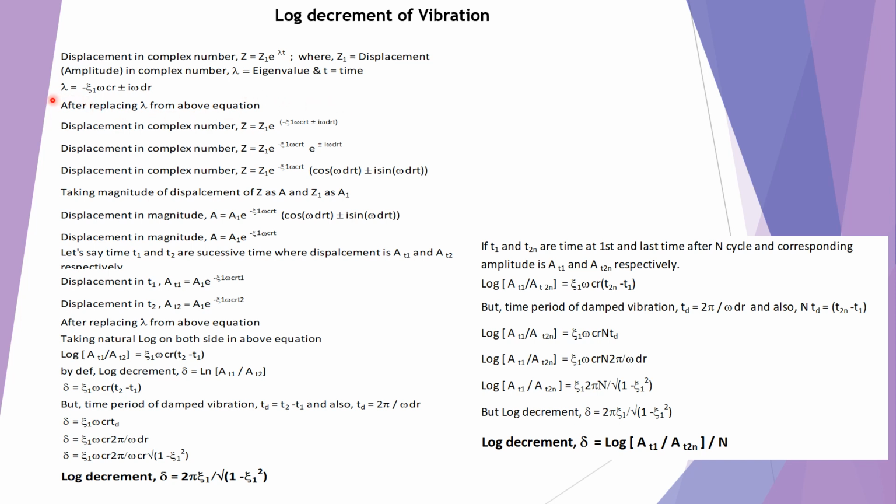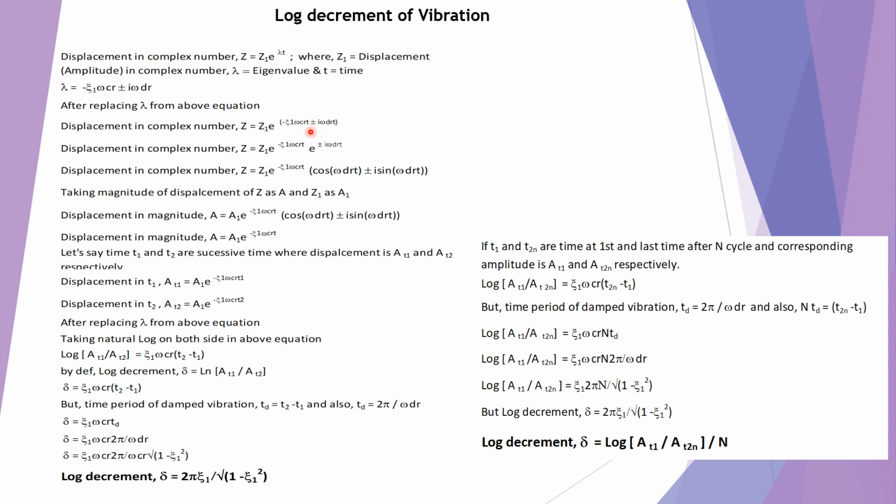But lambda can be written as minus zeta 1 omega cr plus minus I omega dr. So after replacing, z is equal to z1 into e to the power [minus zeta 1 omega cr plus minus I omega dr] into t.